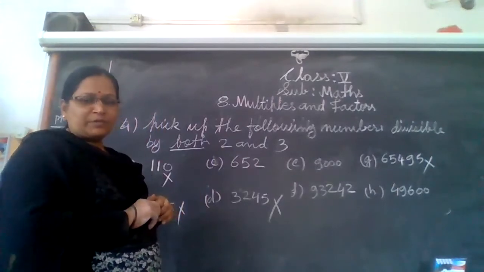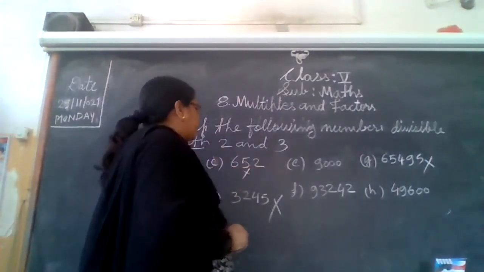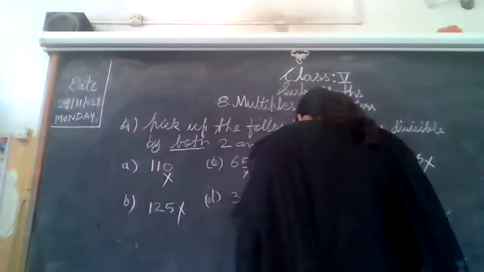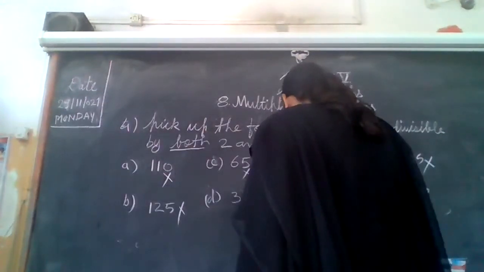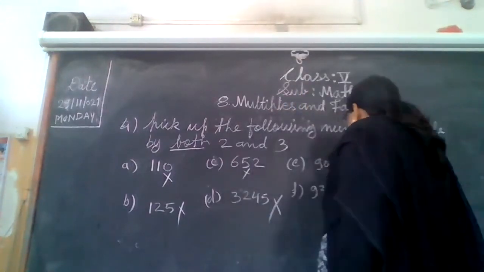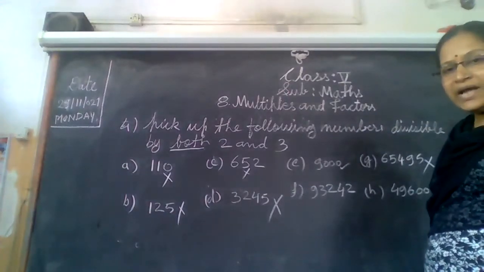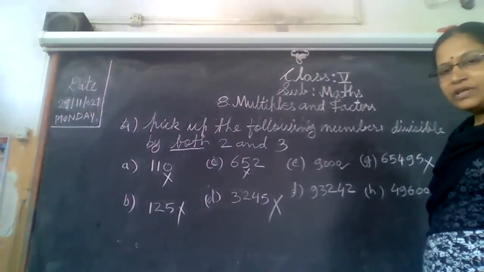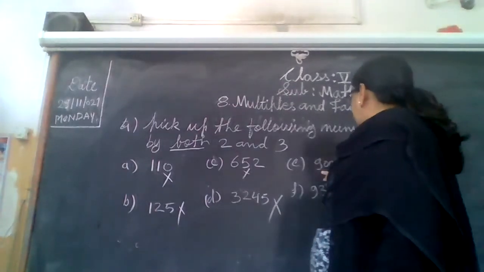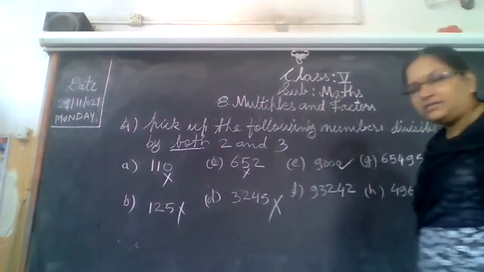So it is not divisible by 3. Okay. 900. Yes, it is divisible by 2. The sum is 9. So it is divisible by both 2 and 3.